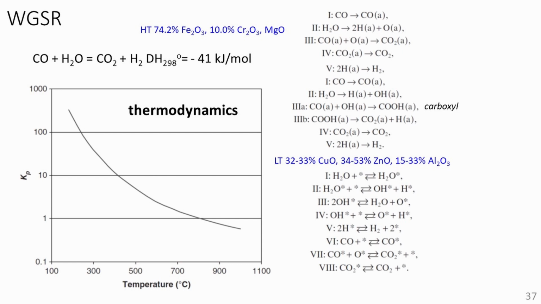The high temperature reaction is typically operated at temperatures of more than 350 degrees C, where fast reaction kinetics occur. This allows the use of a small reactor volume. The high temperature, however, limits the reaction equilibrium, which results in a CO content of approximately 3 volume percent at the reactor outlet.